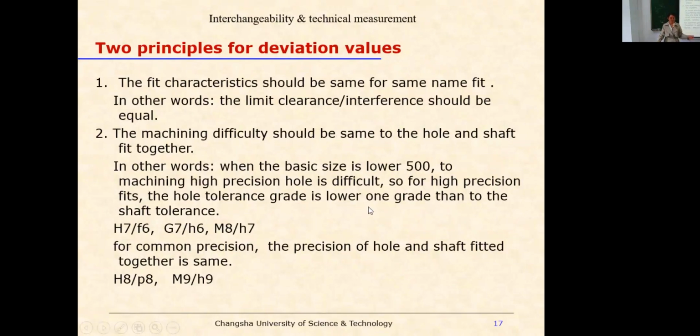This means manufacturing a hole is more difficult than manufacturing a shaft. A shaft you just turn on a lathe, but drilling a hole with different drills is much more difficult than making a shaft.